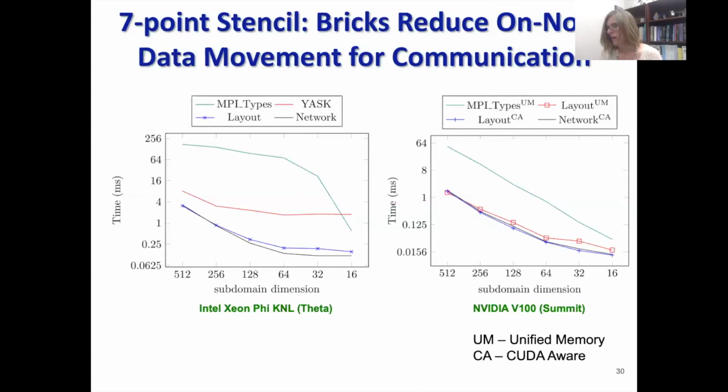So on the right are results for the V100, and we're evaluating 2 versions that use the layout optimization. One uses CUDA aware with GPU direct, while the other uses unified memory. The CUDA aware version is very close to network time and significantly outperforms the MPI types version.